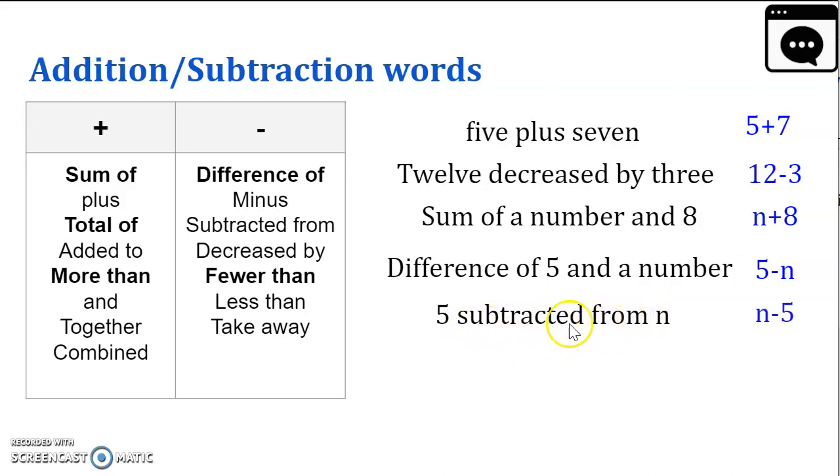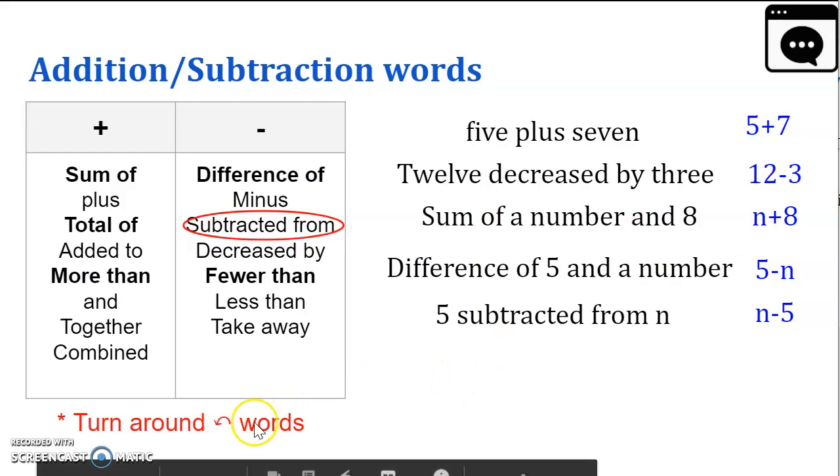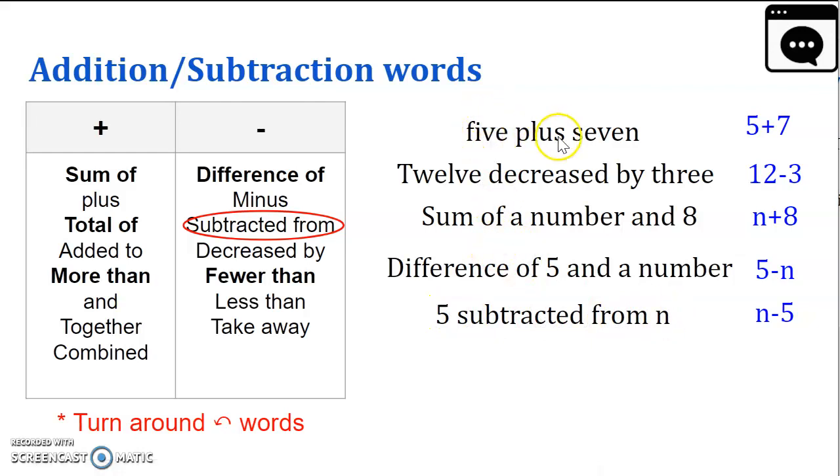And subtracted from is what we call a turnaround word. A turnaround word is where the order is reversed. Up to now, whatever number you saw first, you wrote down first, followed by the second number. So 5 plus 7 and 12 minus 3, 12 and 3. So the order was exactly as you saw in English.